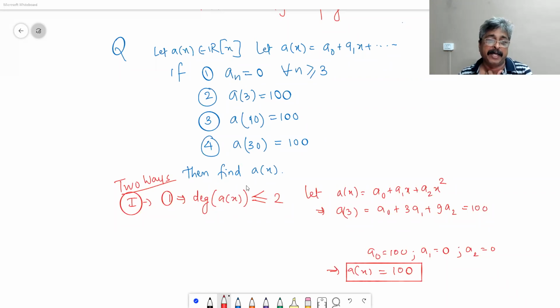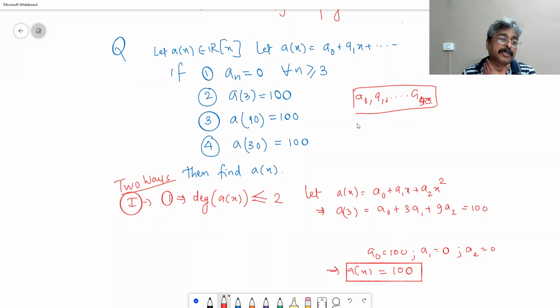But if I keep writing, say for 50 constants, it is equal to 0 for n greater than or equal to 51, then practically solving for a1 dot dot dot a 49 or 50 constants using 50 equations is going to be really difficult for you. It worked for 3 and hence the second solution.